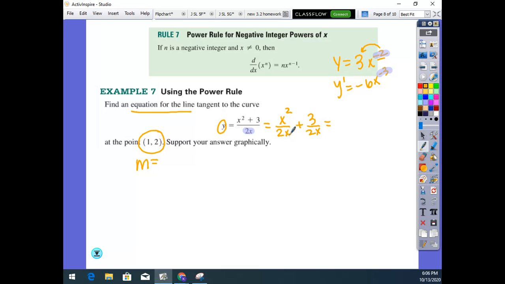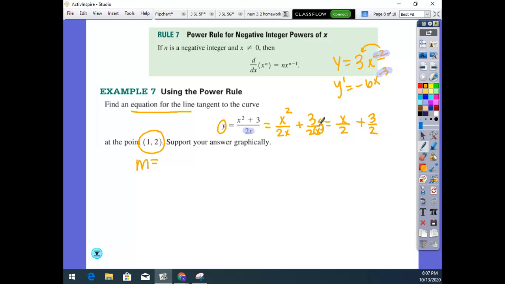Now, if we have x squared over 2x, that simplifies to x over 2. Plus, now I want to move this x out of the denominator. Our goal is to rewrite everything using exponents. So that would be 3 halves.